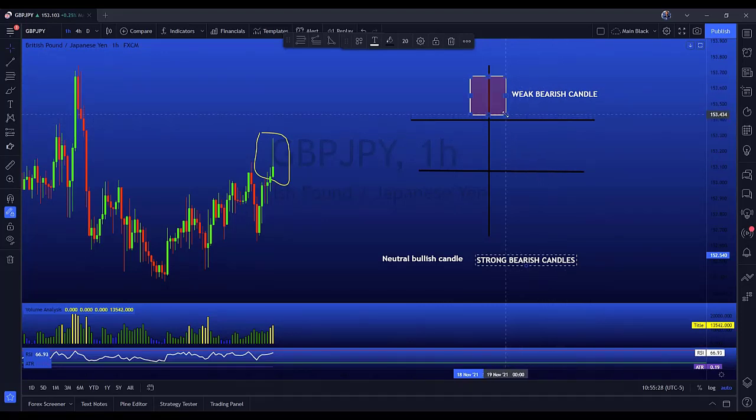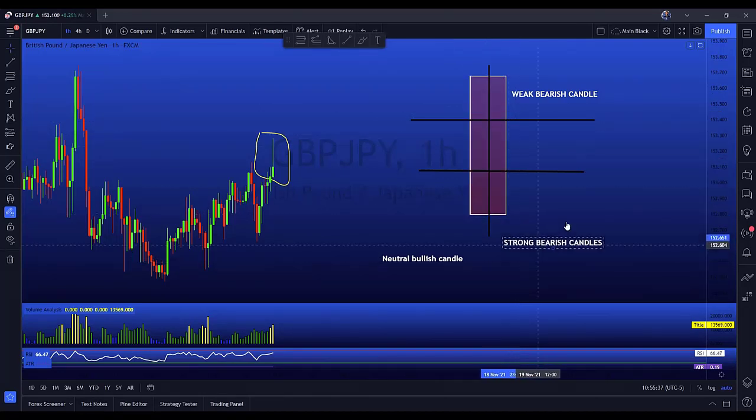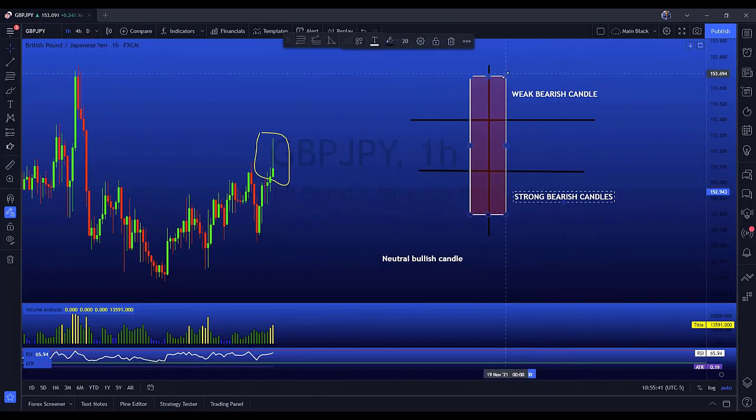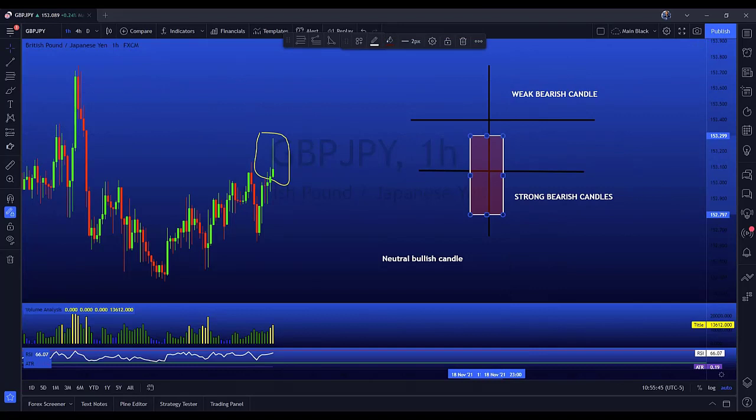Now, where is our strong bearish candle? Strong bearish candle, bottom third. Yep. What about now? What is this candle called?